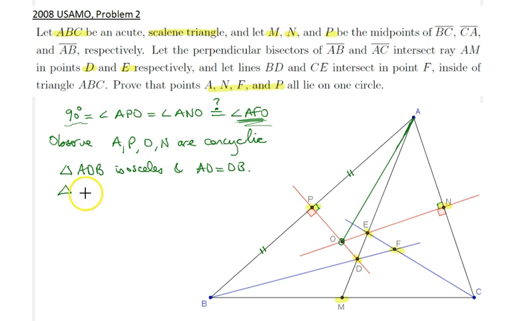In a similar way, triangle AEC is also isosceles, and as a result AE is equal to EC as well.